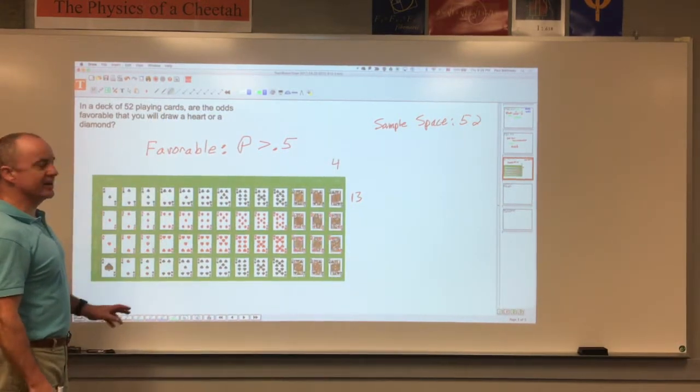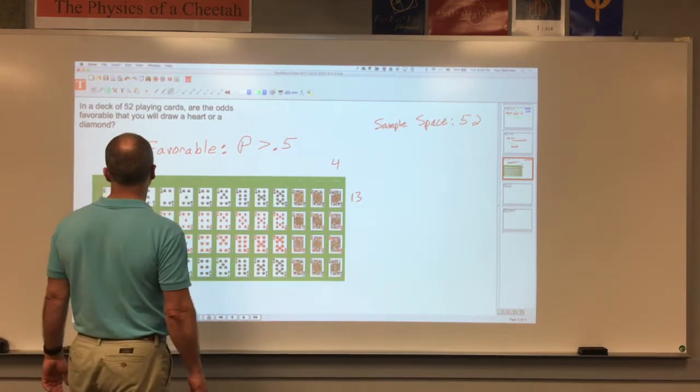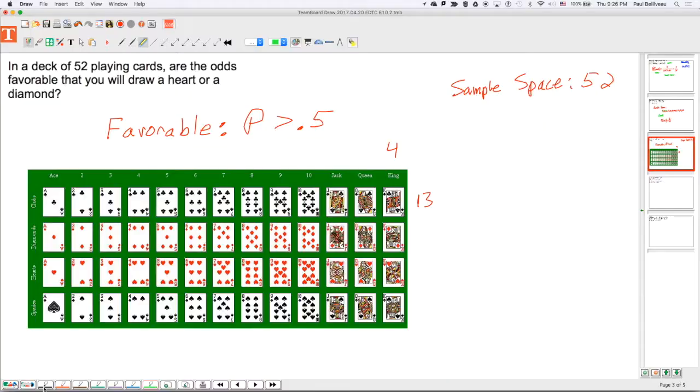First question, is it favorable? Will we get a probability greater than 0.5? Well, we need to find the probability. Are the odds favorable to draw a heart or a diamond? There are 13 cards in the heart suit, and there are 13 cards in the diamond suit, and you are just pulling 1 card.